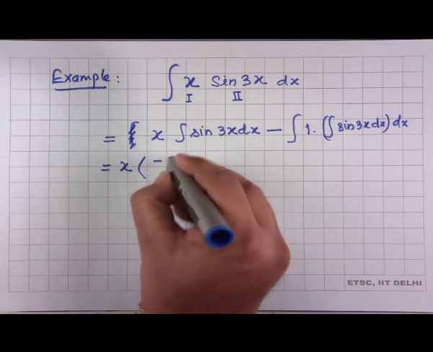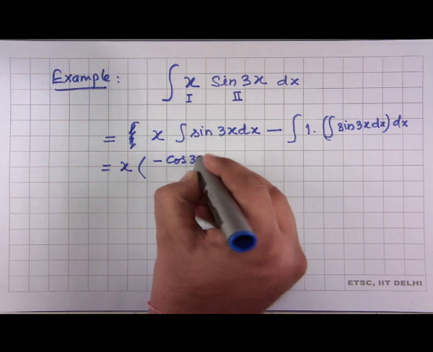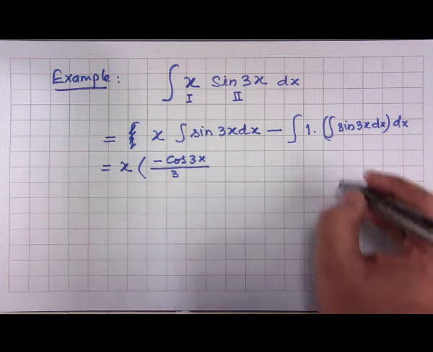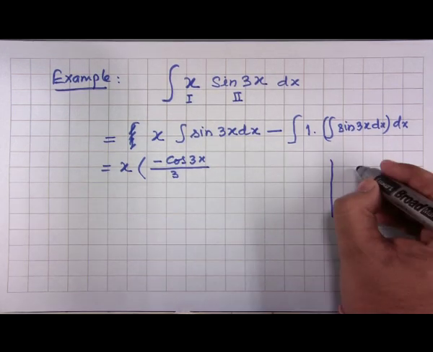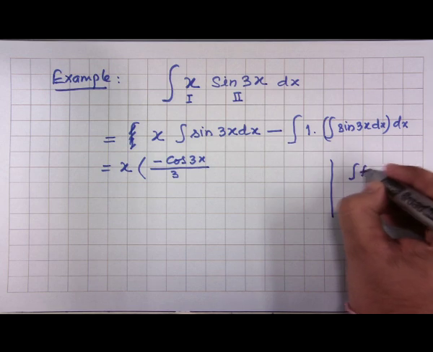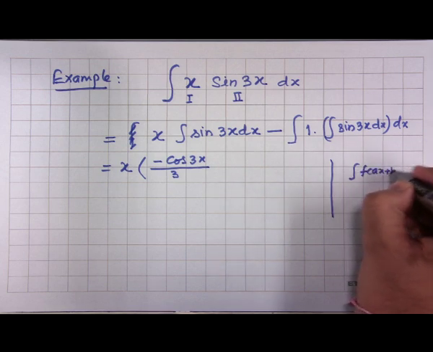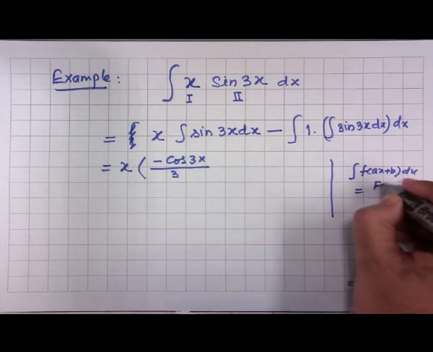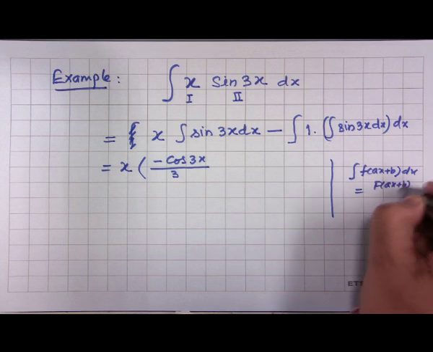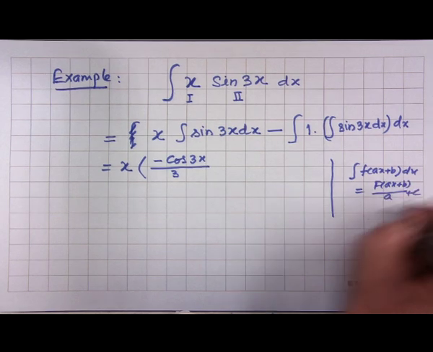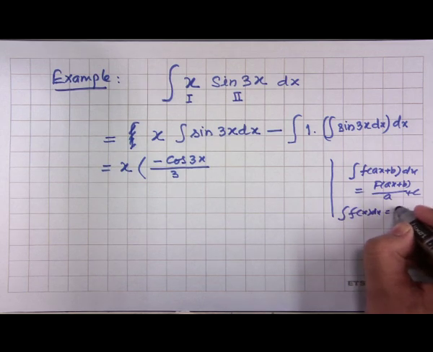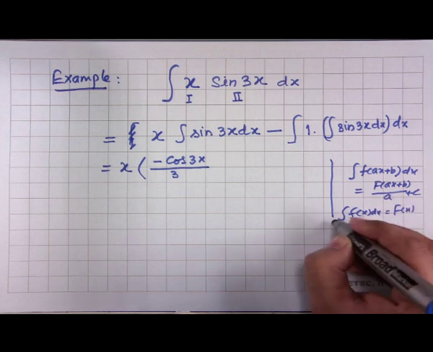So, this becomes minus cos 3x over 3. We have already talked about this, that integration of f of ax plus b dx is capital F of ax plus b divided by a plus c, provided we know that integration of f x dx is capital F x.